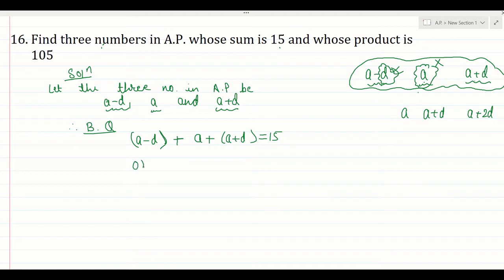When we simplify the left hand side, what are we getting? We are getting 3A because minus D and plus D will be cancelled. So 3A is equal to 15. Therefore, A is equal to how much? 5. We got the value of A as 5.